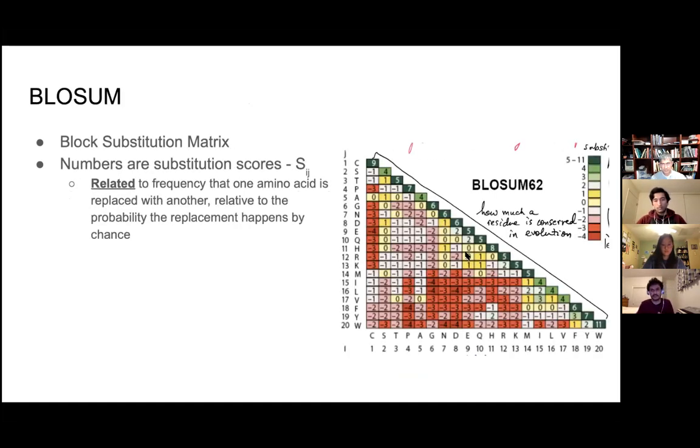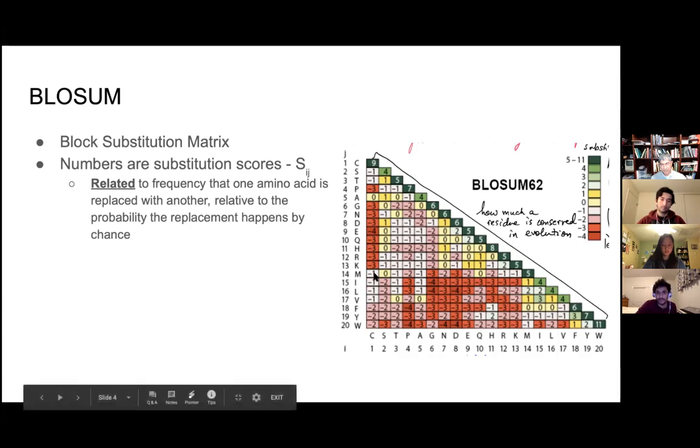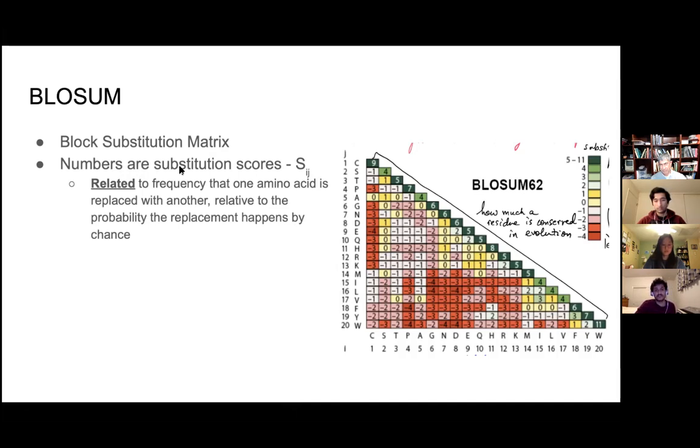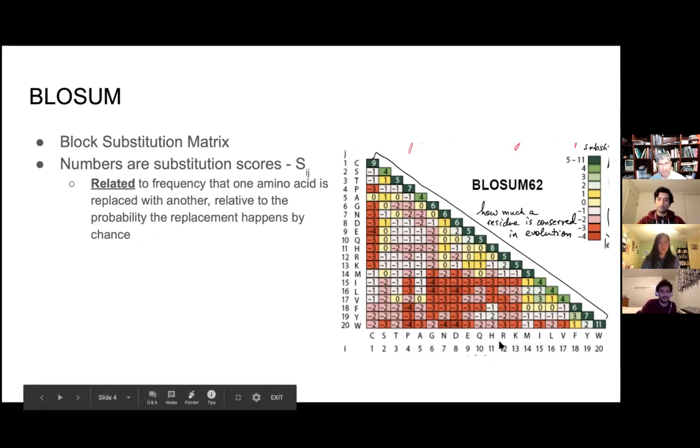This class will mostly be looking at the BLOSUM 62 matrix. And the numbers here, as you all can see, all the amino acids are along each side, so you'll find one, go across and find the other, and that's the score. These numbers are called substitution scores, S sub i j. The definition of that is they're related, they don't actually equal, but are related mathematically to the frequency that one amino acid from the left side is replaced with another from this bottom part, relative to the probability that the replacement happens by random chance.